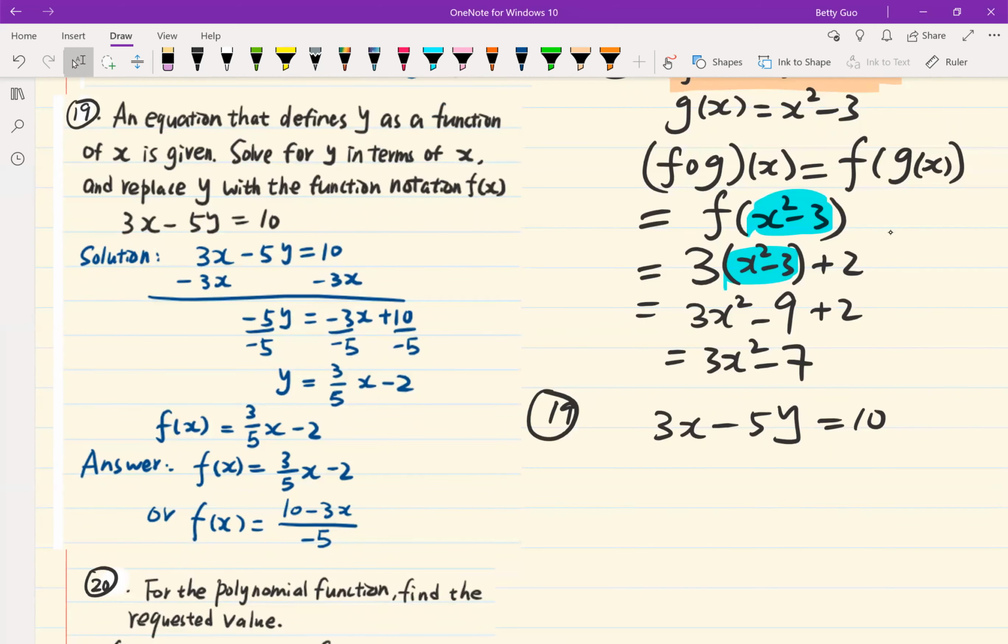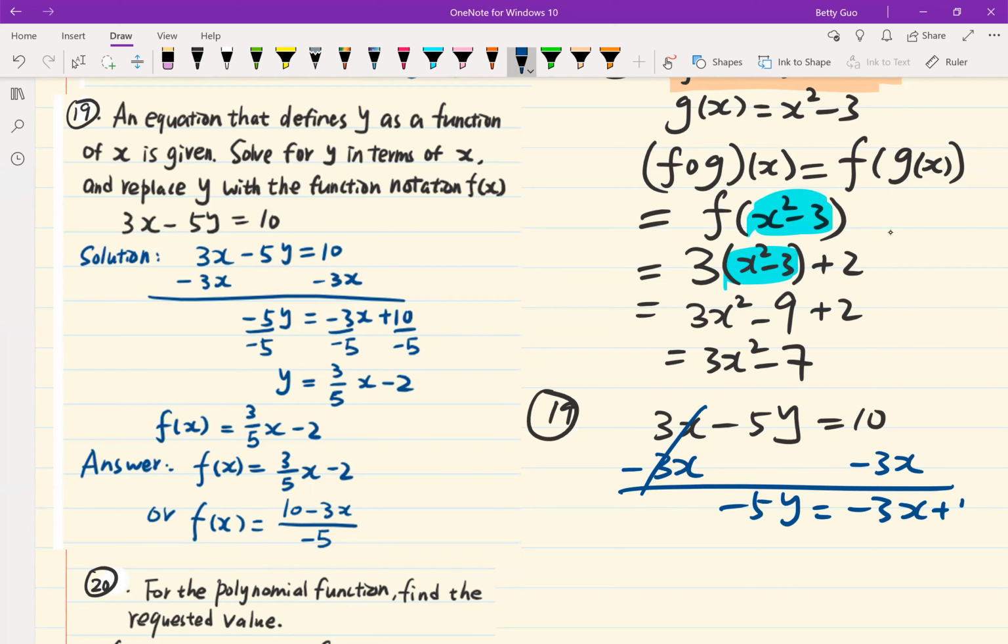In order to solve this equation for y, we need to get rid of everything on the left side except y. Firstly, we want to get rid of 3x. We subtract 3x from both sides. Cancel. And we have negative 5y equals negative 3x plus 10, or 10 minus 3x. They are the same.